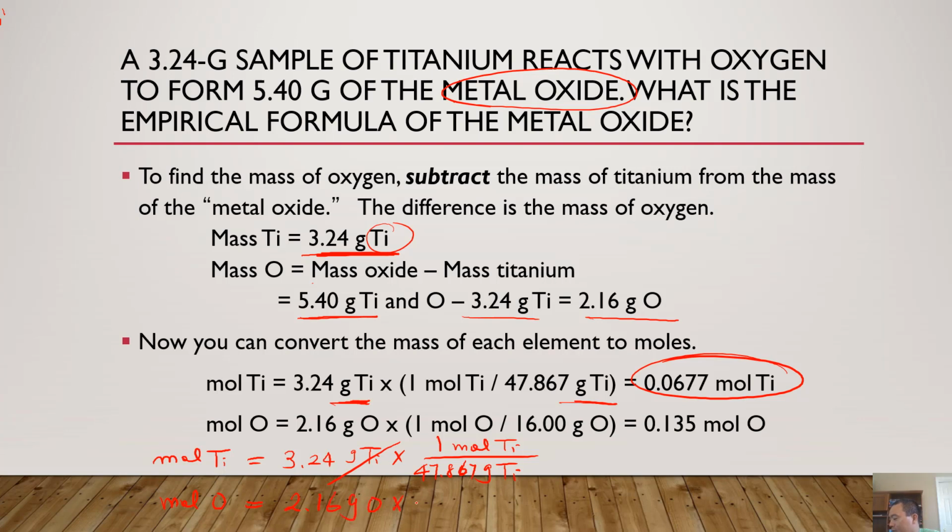Again, I'm writing in a different way, so you cancel the grams of oxygen, and 1 mole of oxygen is the numerator, so you do the calculation. Okay, so you have moles of both.